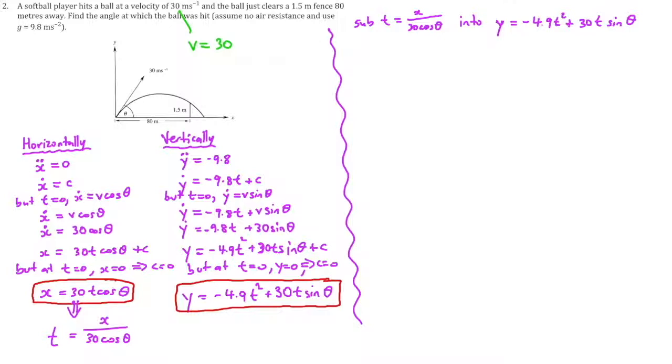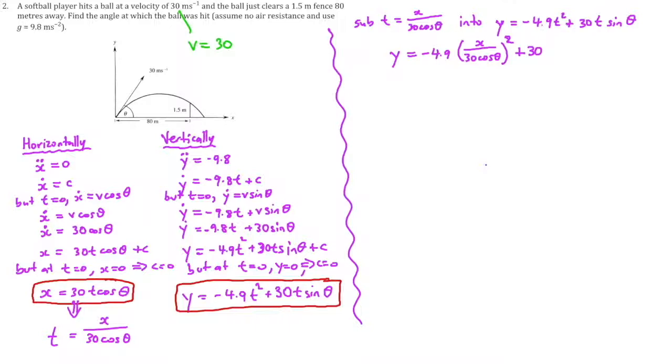So that will give me y equals minus 4.9 times x over 30 cos theta, squared, plus 30.